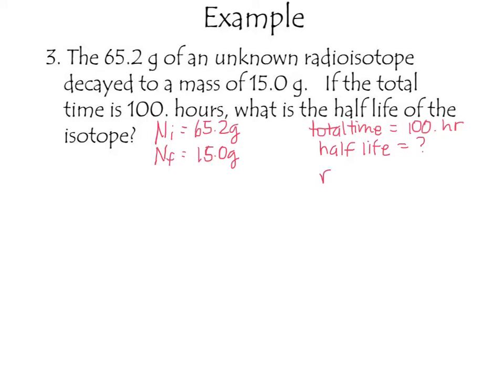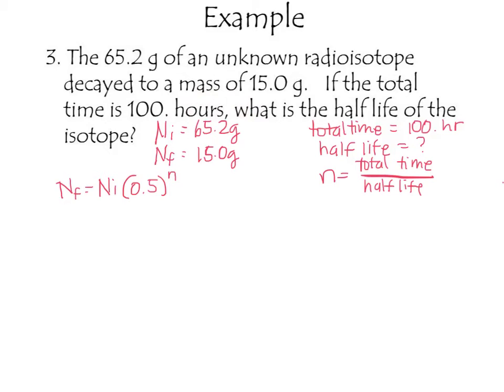Now n, we already know, is equal to the total time divided by the half-life, but we're going to leave this part alone until after we solve for n. And how do we solve for n? We have to use this information. So let's write that equation down. The final mass is equal to the initial mass times 0.5 to the n power.